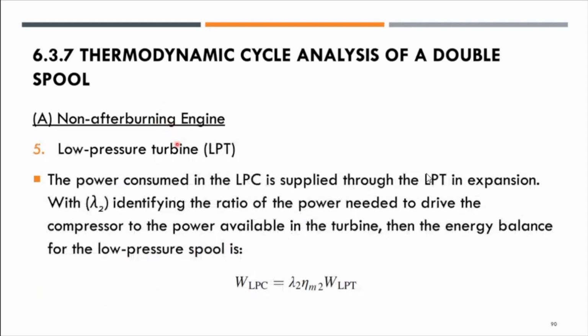So now we move to the low pressure turbine. That's where number 2 comes in. The power consumed in the LPC is supplied through the LPT in expansion, where lambda 2 identifies the ratio of the power needed to drive the compressor to the power available in the turbine. Then the energy balance for the low pressure spool is expressed as this equation.